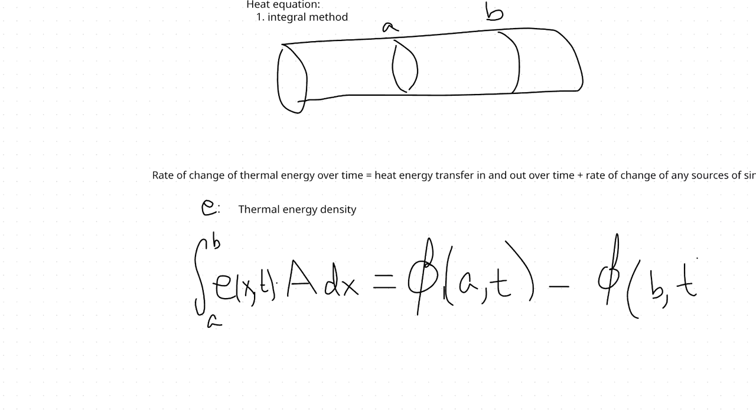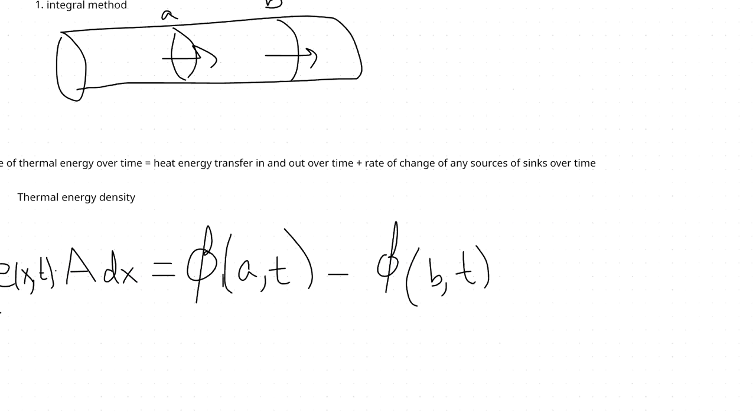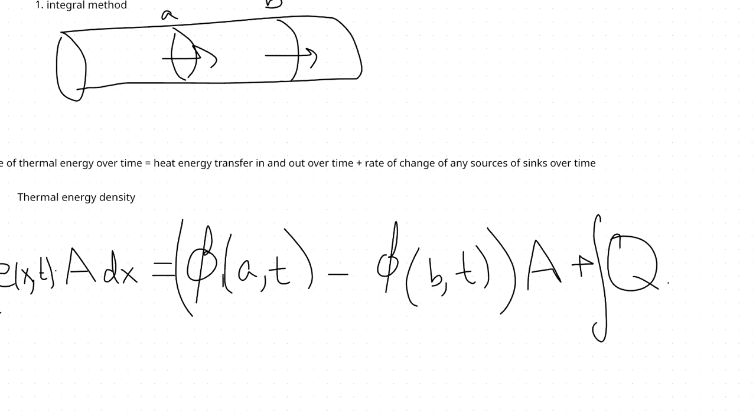Thinking about it as flux in, flux out, which we should multiply by A, and then plus the integral of the source times A times dx from A to B. And so you'll see here all the A's cancel out, which is why that was redundant.